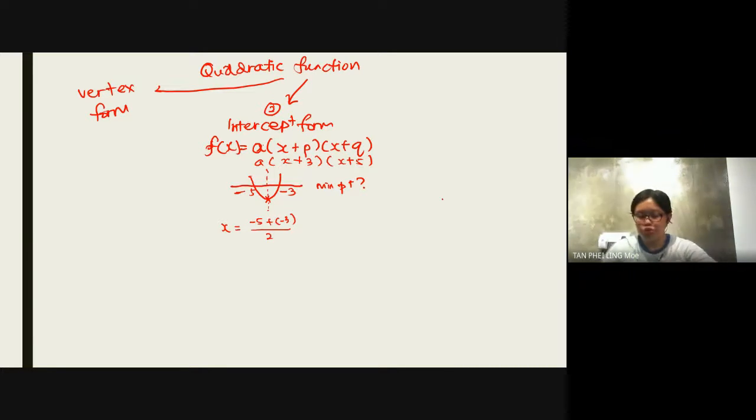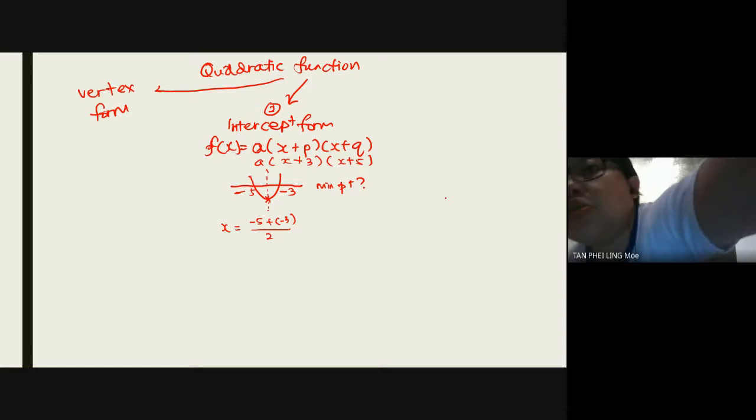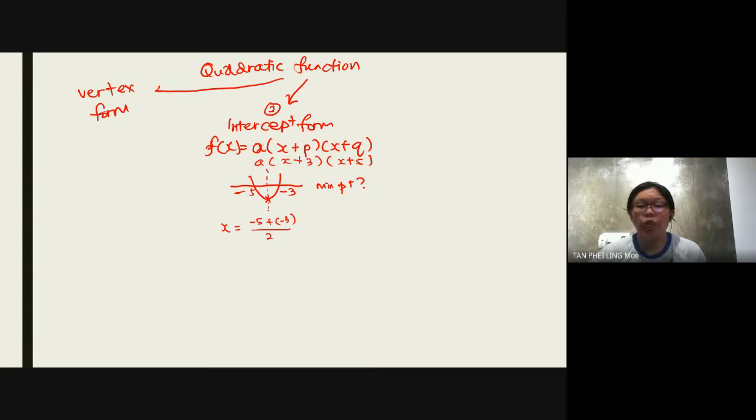Okay, so that is the way how you can find out the minimum point. With that you are actually finding out the x only. So how to find out the y value, or the f(x) value? Here you know that it should be negative 8 divided by 2, which gives you negative 4.